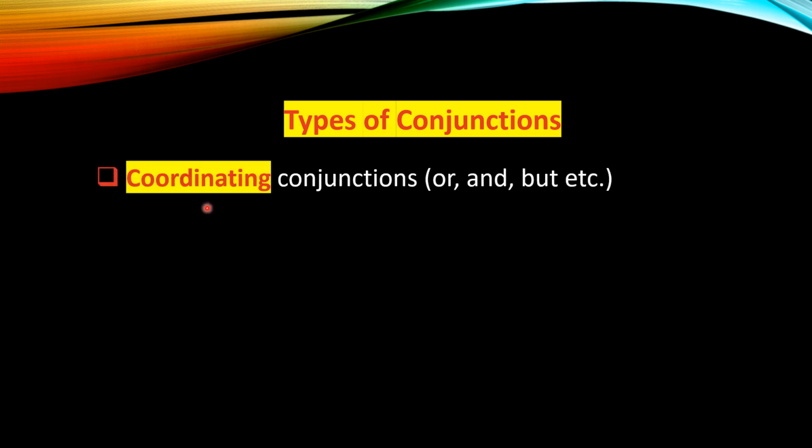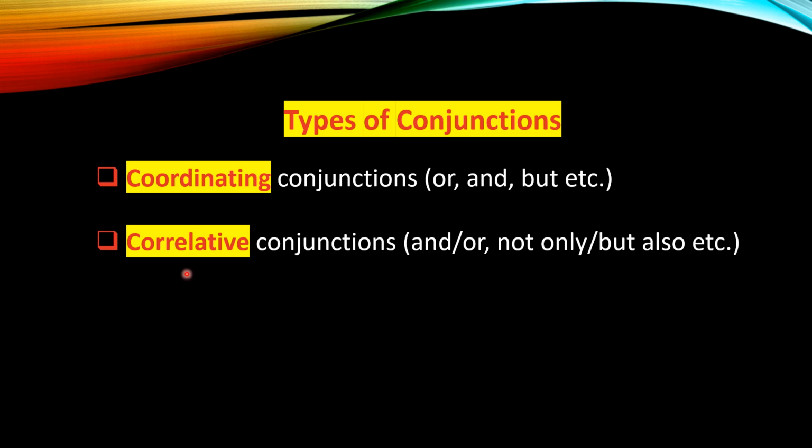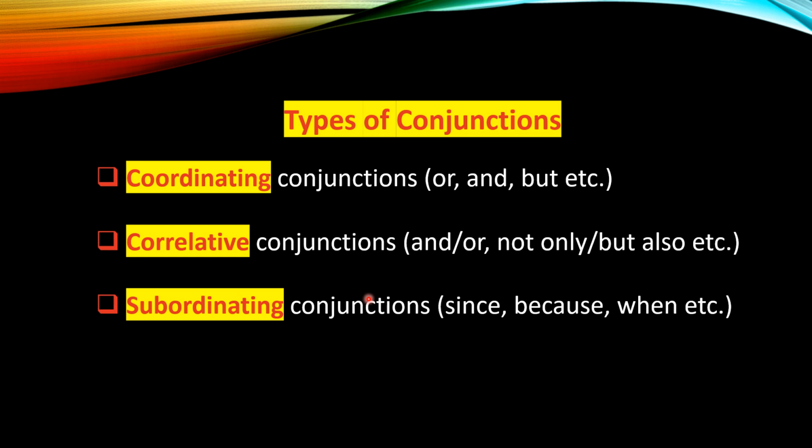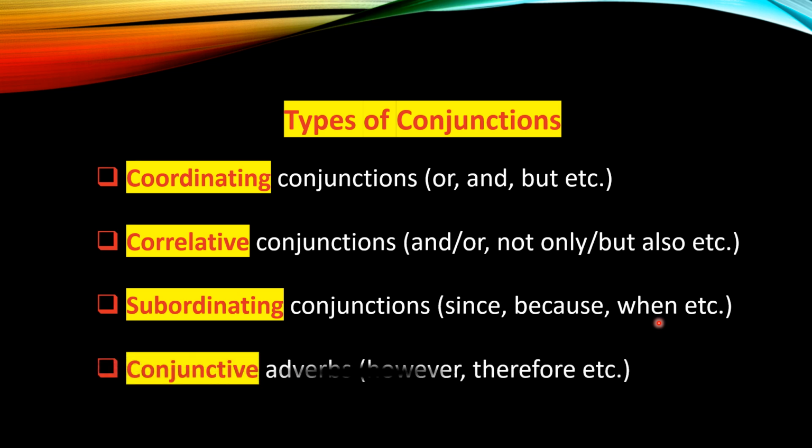First is coordinating conjunctions, for example, or, and, but, etc. Second is correlative conjunctions, which are usually in pairs, like not only but also. Then we have subordinating conjunctions like since, because, when, etc. And last but not the least, we have conjunctive adverbs.